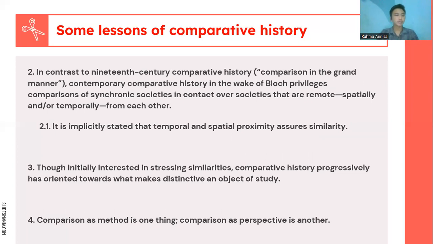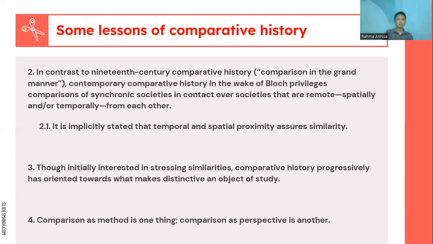The second one is, in contrast to 19th century comparative history, or comparison in the grand manner, contemporary comparative history, in the wake of Bloch, privileges comparisons of synchronic societies in contact over societies that are remote spatially and or temporally from each other. From this point 2, we have another point, 2.1. It is implicitly stated that temporal and spatial proximity assures similarity.